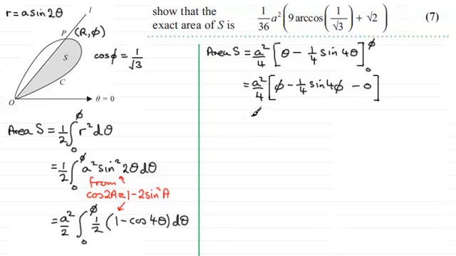So what we've got then is this is equal to a squared over 4 multiplied by phi, and then we'll have minus a quarter. Expanding this then using the double angle formula is going to give us 2 sine of 2 phi times the cosine of 2 phi.